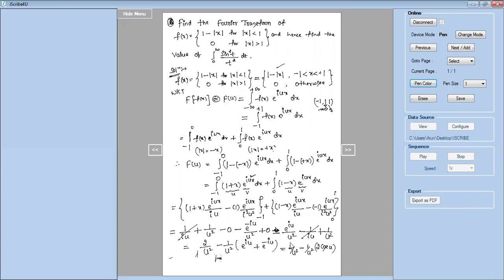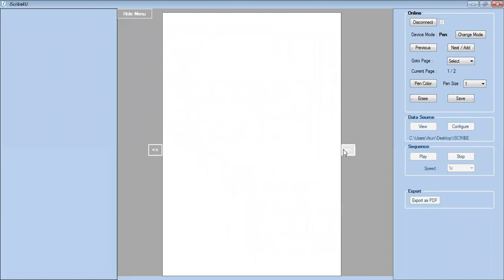Now here I can take 2 by u square common. I'll go to the next page. Therefore, f of u equals, see this 2 by u square common, so I get 1 minus cos u.